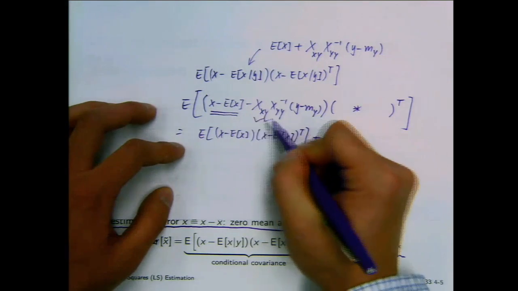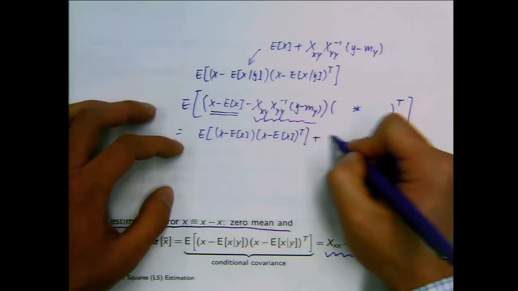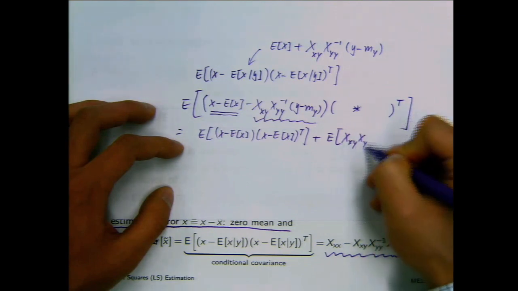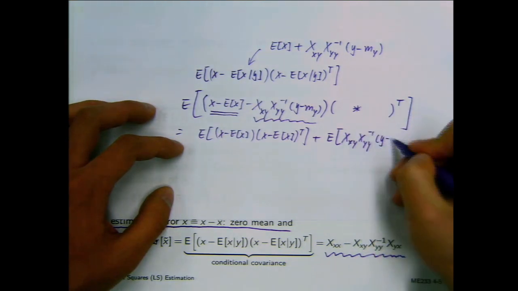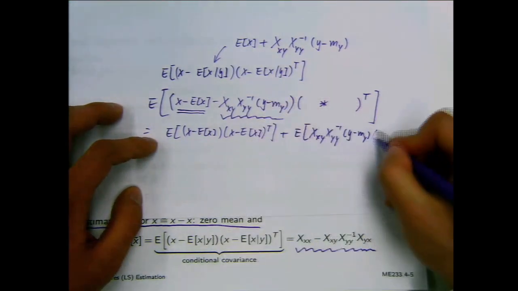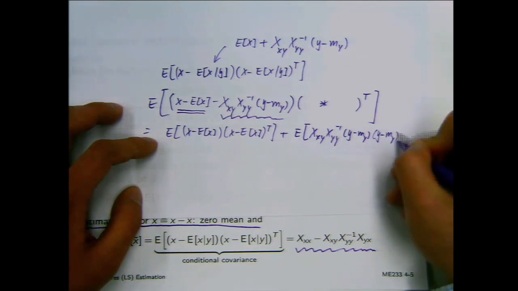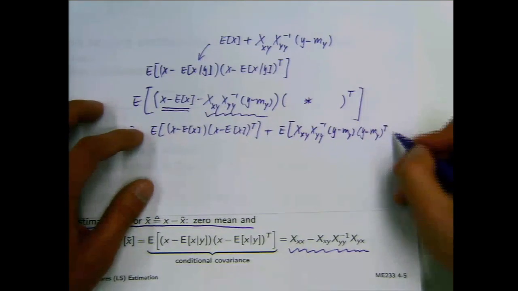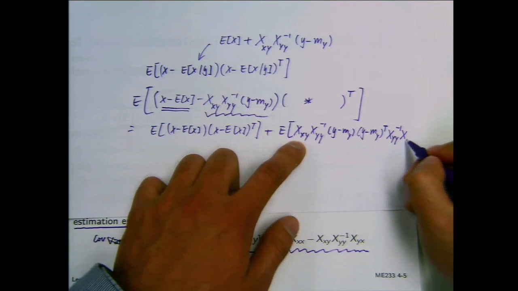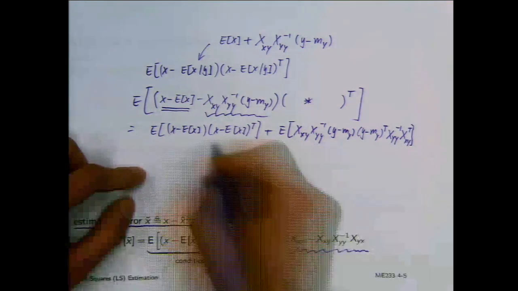So the second term is going to give me the expectation of Σxy Σyy inverse (y minus the mean of y), and then because of the transpose sign here, taking the transpose becomes (y minus mean of y) transpose, then Σyy inverse, Σxy transpose. There will be another term.